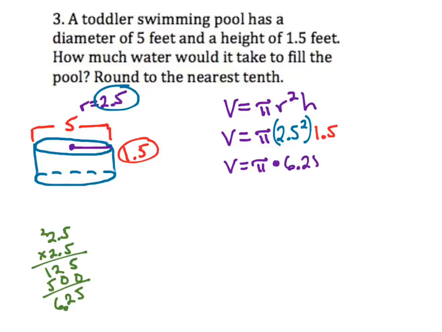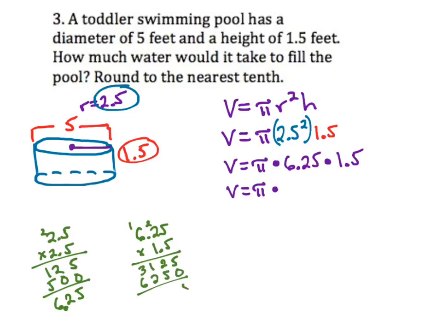There you go. We can plug that in. 6.25 times 1.5, nothing's changing there, right? So volume equals pi times 6.25 times 1.5, which is 9.375. Put that in, 9.375.